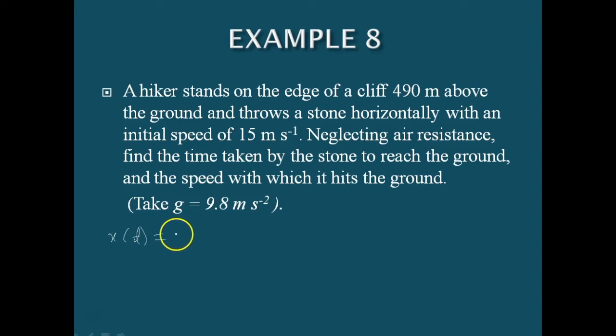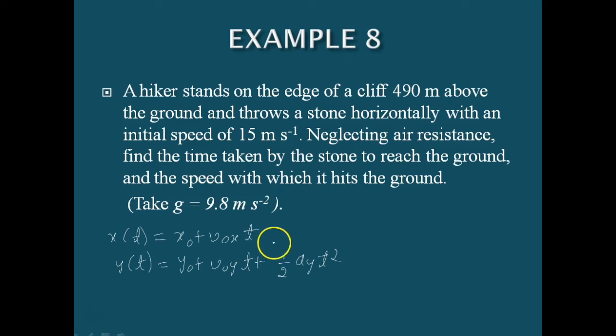So x of t is nothing but x naught plus v naught of x into t, and y of t is nothing but y naught plus v naught of y into t plus half ay into t square.